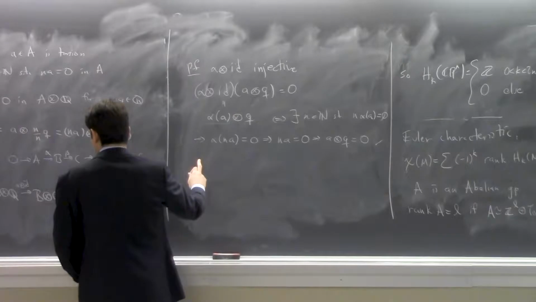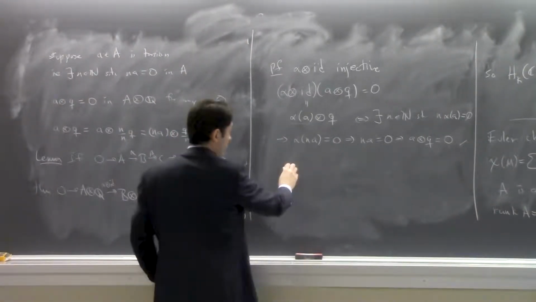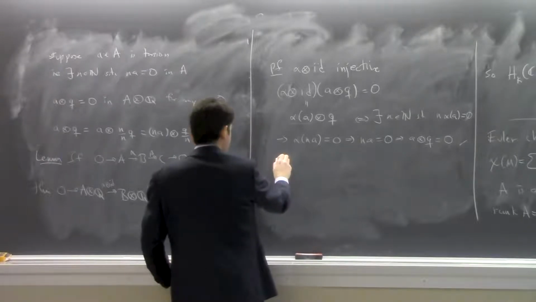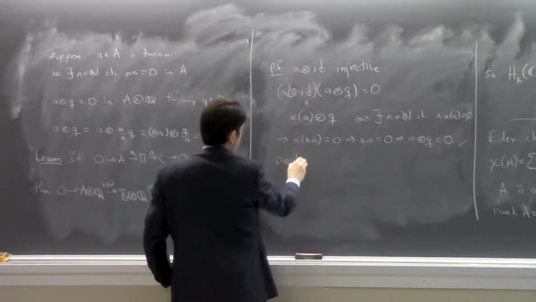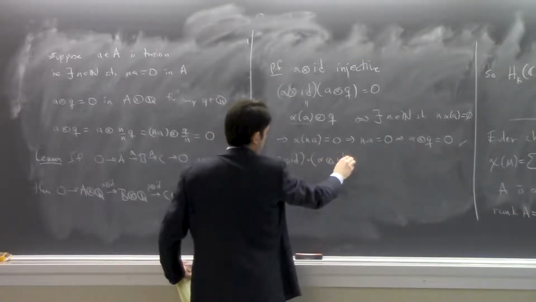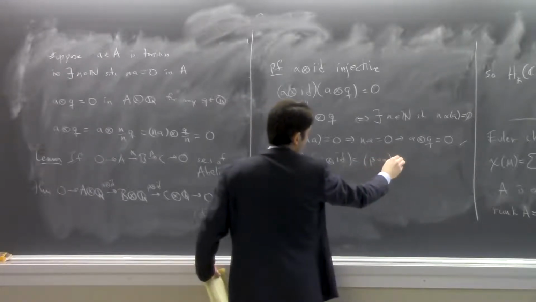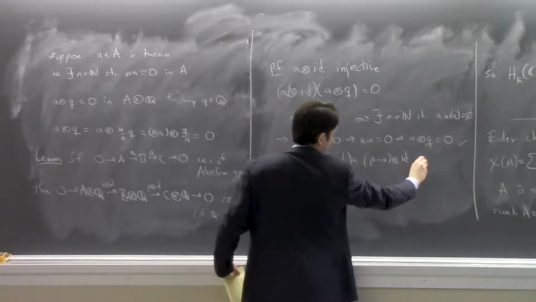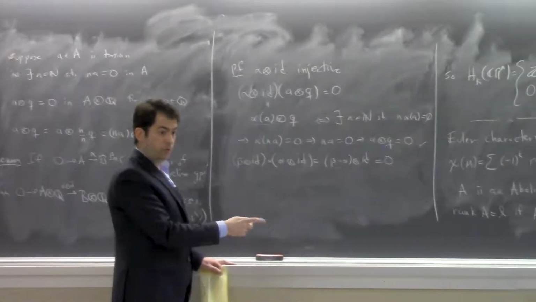Let's see that we have exactness at B tensor Q. So beta tensor the identity composed with alpha tensor the identity is equal to beta composed with alpha tensor the identity, and so that's equal to 0. So composition is definitely 0. So we just have to check.